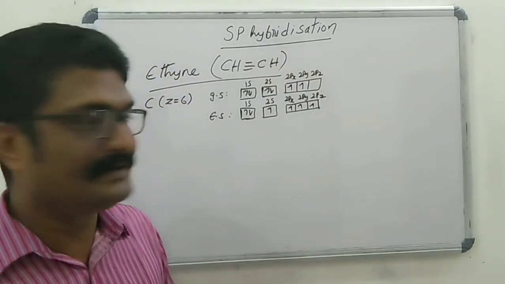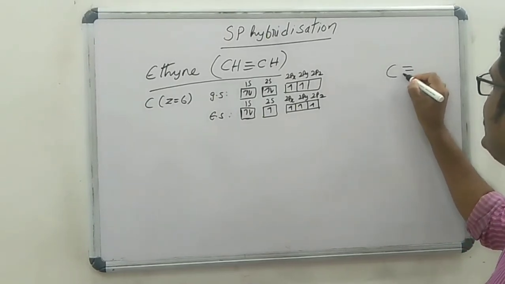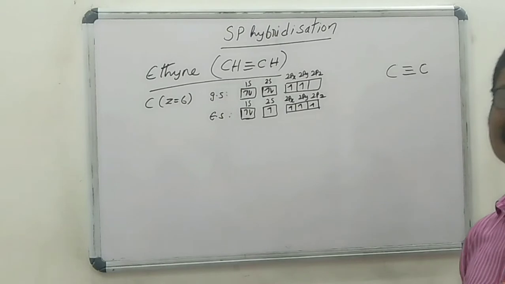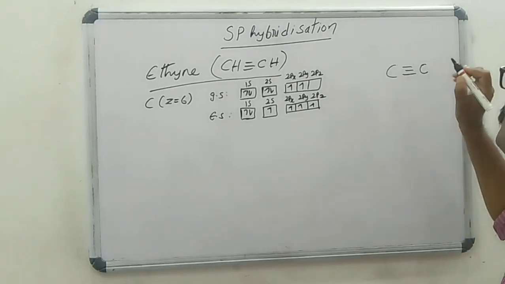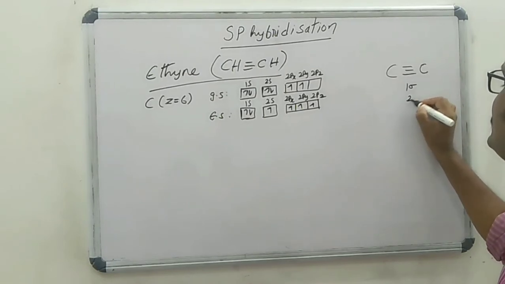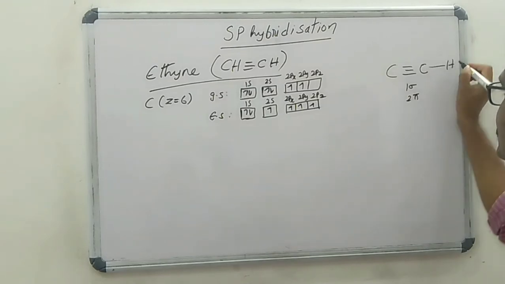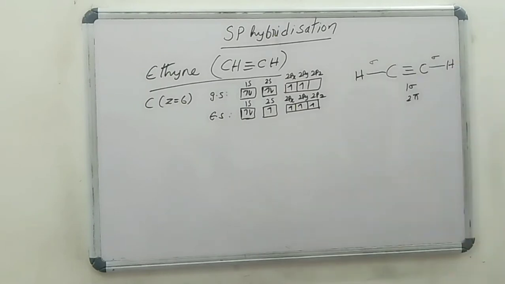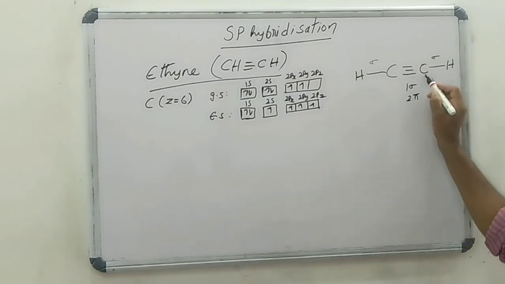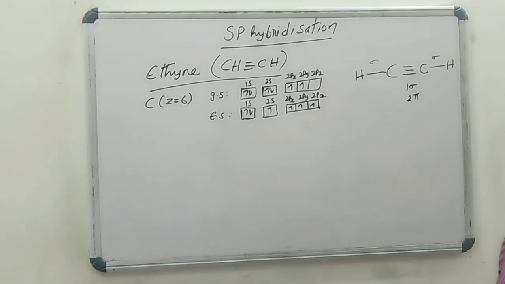In ethyne, we know the two carbon atoms are bonded by a triple bond. We know a triple bond consists of one sigma bond and two pi bonds. Then each carbon atom is attached to hydrogen by a single bond.